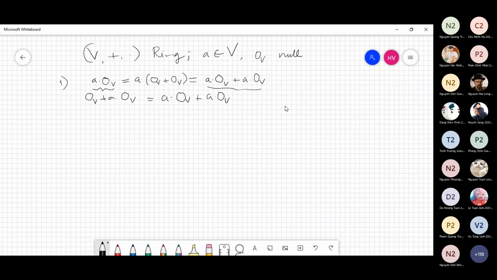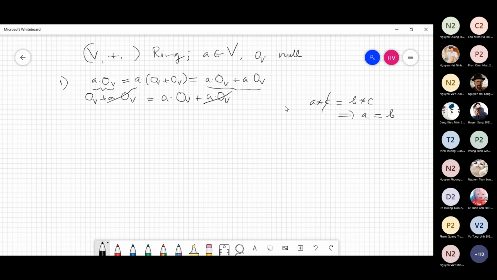Okay, now cancellation law means that you can cancel. Whenever you have A star C the same as B star C in the group, it follows that A equals B. Now you can cancel.